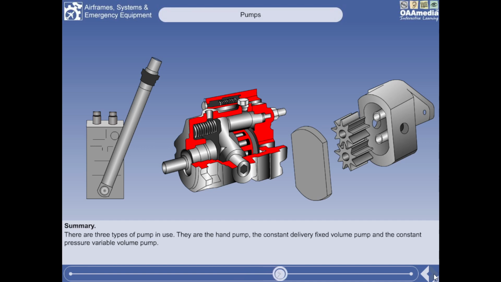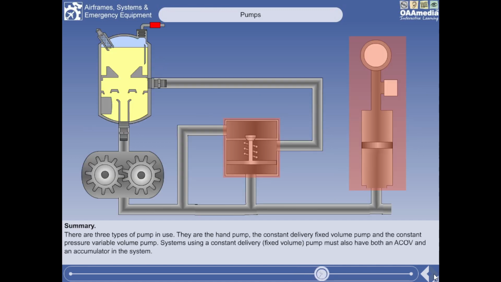Some aircraft have a ram air turbine-driven pump available for emergency operation. Remember that systems using a constant delivery fixed volume pump must also have both an automatic cutout valve and an accumulator in the system.